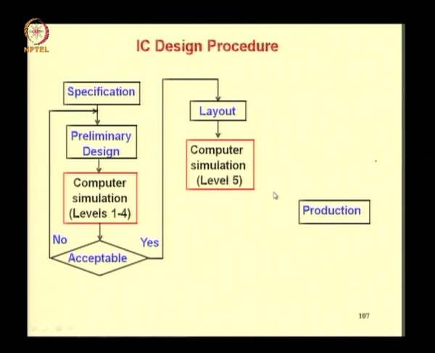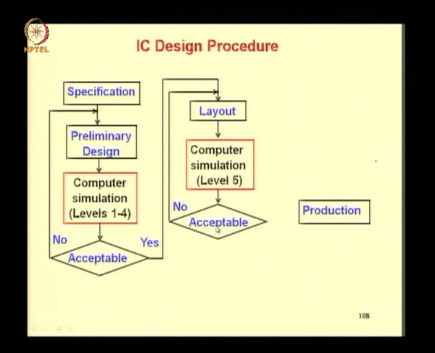This is level 5 simulation. At the end of this step, if things are acceptable, you move on, otherwise you go back and redo your layout.